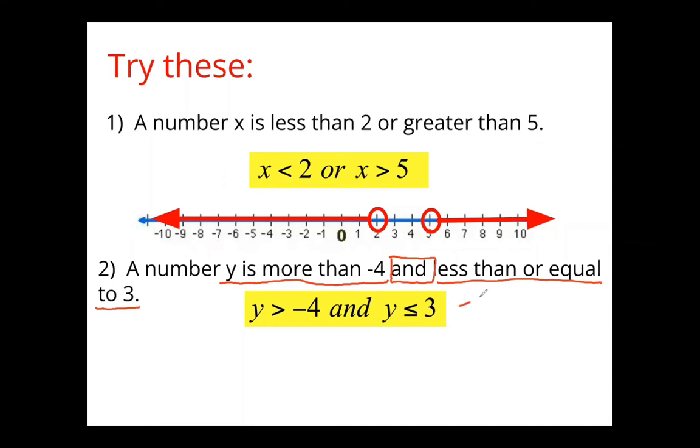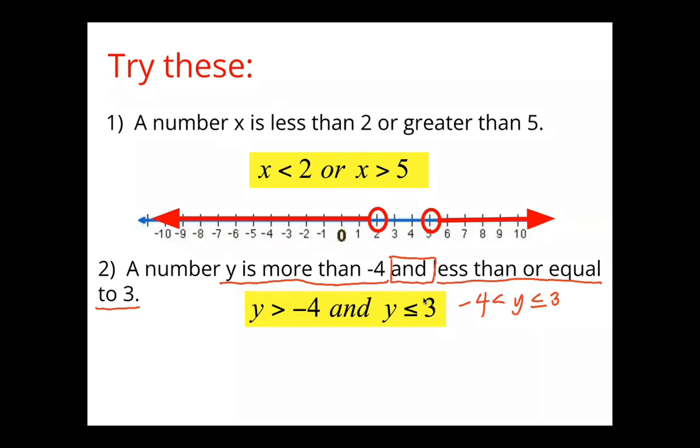Once again, you can express it in this form, with the smaller number on the left, then the inequality symbol used, the variable in the middle, and then finally the other inequality symbol with the greater value on the right. Again, it's still the same inequality, just in a different form.